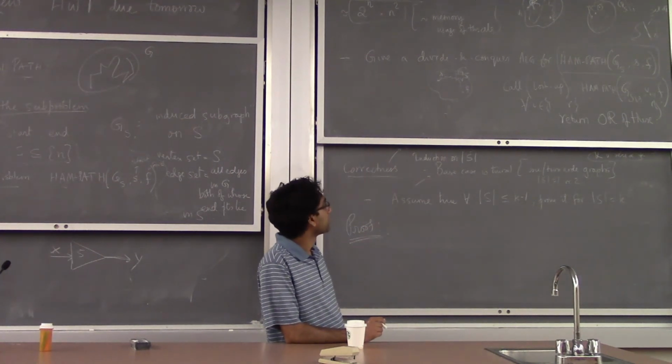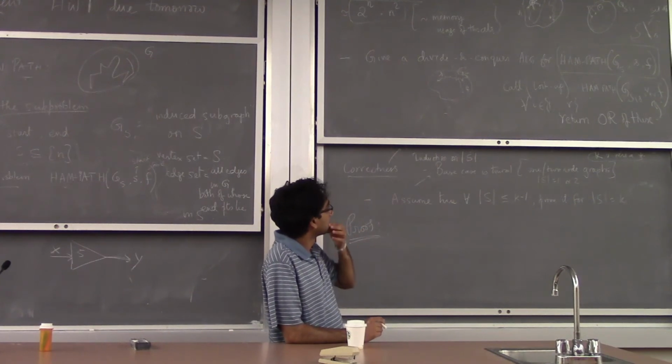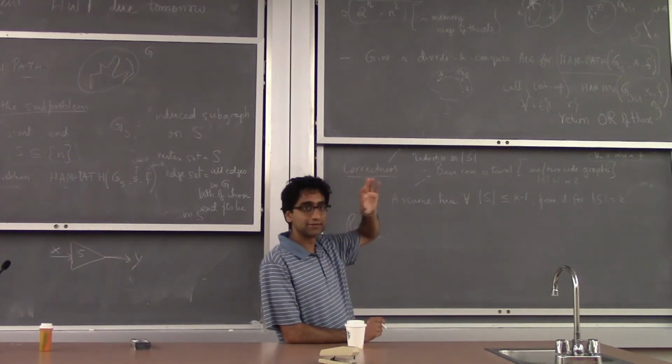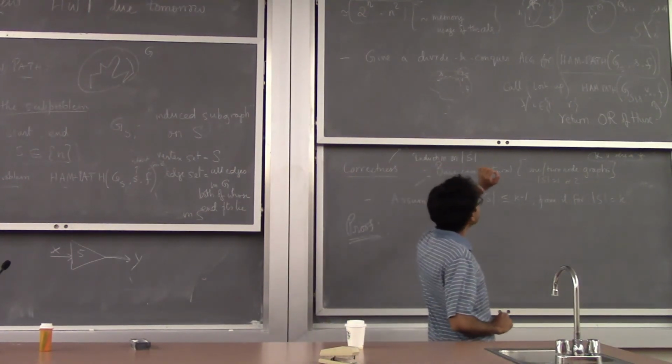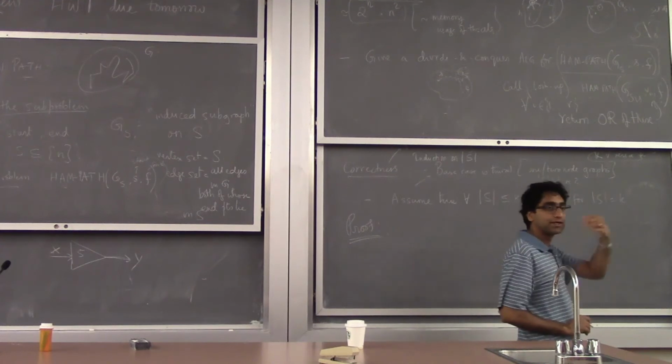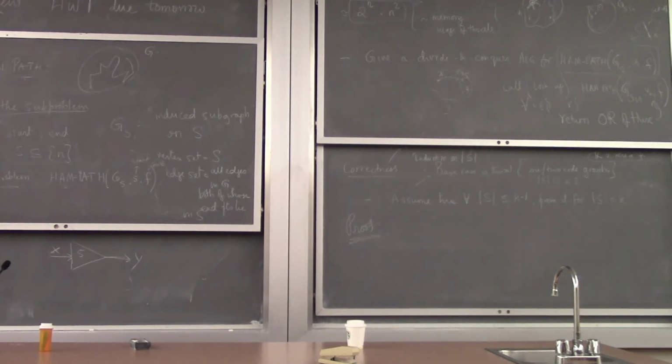Since we have already assumed that if there is a Hamiltonian path from a start node till k minus 1, it gives true. So if there is a Hamiltonian path from S to k, it will give true only if there is an edge from k minus 1 to k.